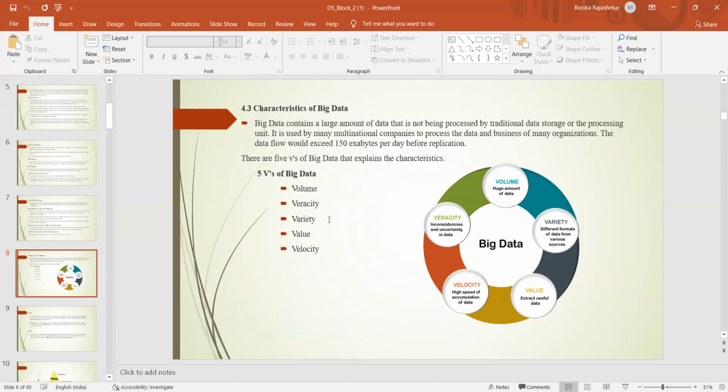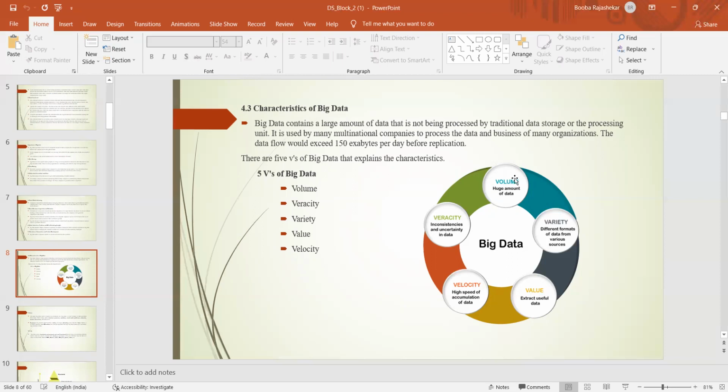The data flow would exceed 150 exabytes per day before replications. There are 5 Vs that explain the characteristics. See this diagram, the 5 types of characteristics of big data: volume, veracity, velocity, value, and variety.